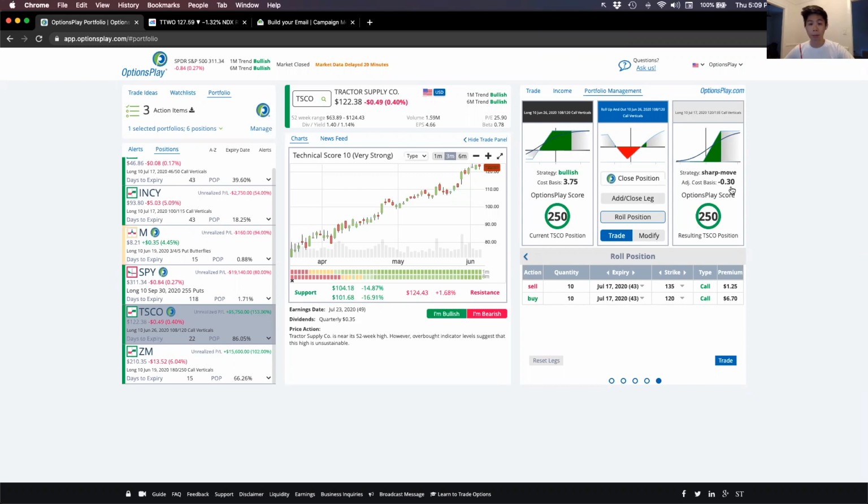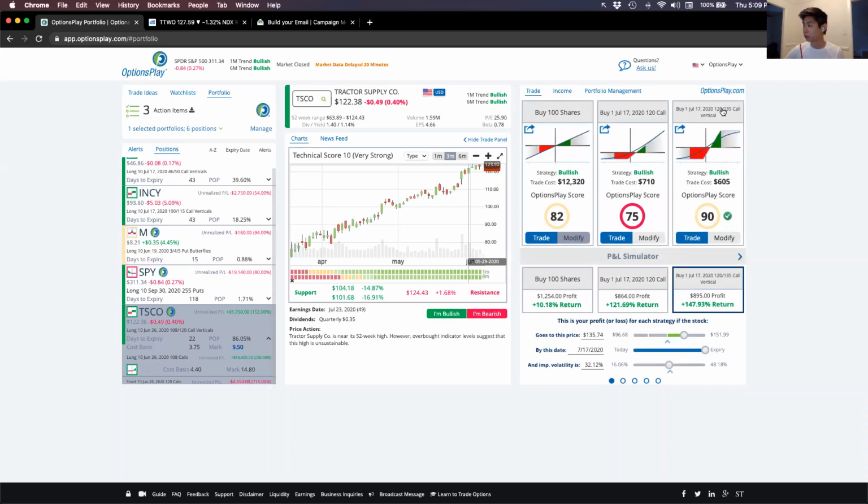So I'm basically playing for another month in extension in terms of time. I'm playing for further upside without adding any additional risk to my portfolio for doing so. Because as you can see, this current spread is trading at $9.50. If I trade the July 120, 135, it only costs me $6.05. I only paid $3.75 to begin with.